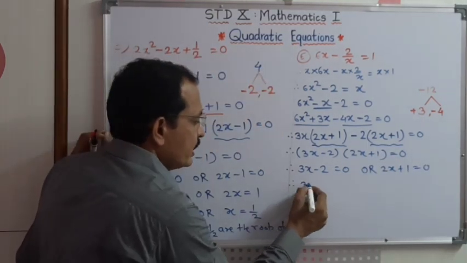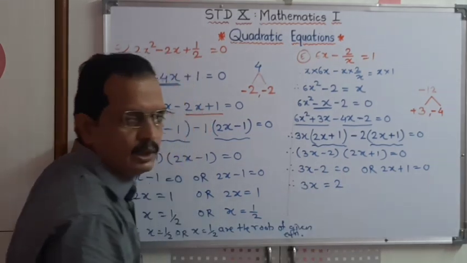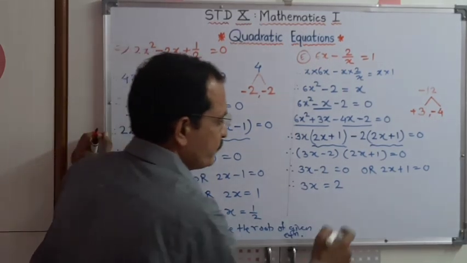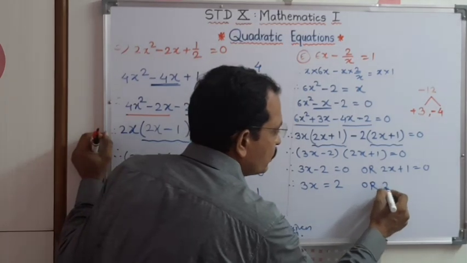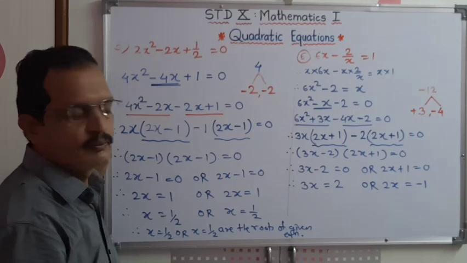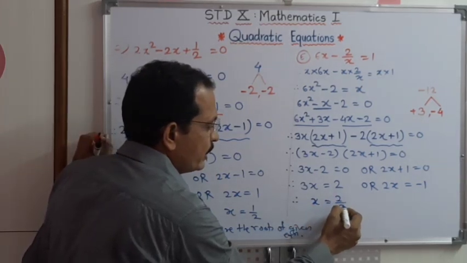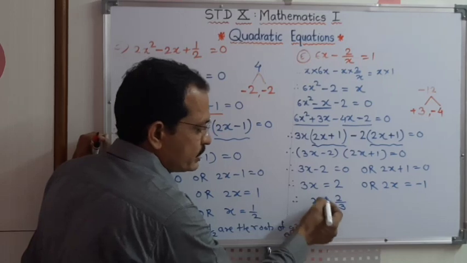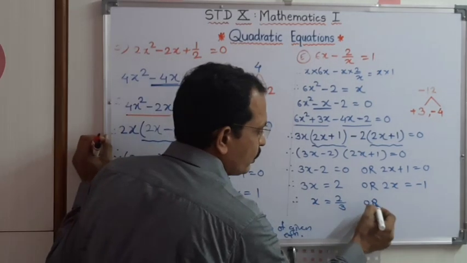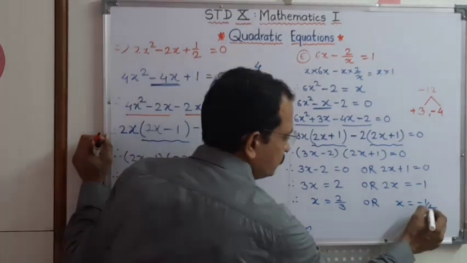Now 3x, this minus 2 goes on that side, plus 2. Add 2 on both sides. Then here it is 2x is equal to minus 1. Then x is equal to, divided by 3 on both sides, we get x is equal to 2 upon 3, or x is equal to minus 1 upon 2.